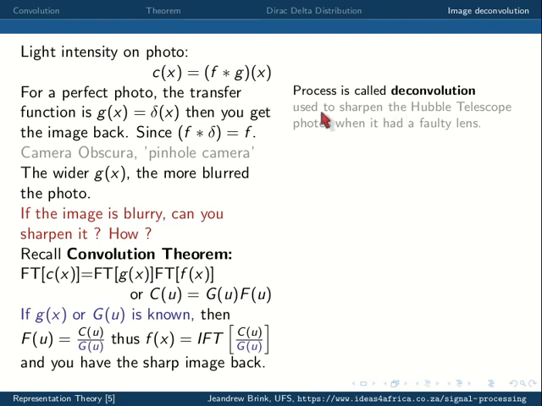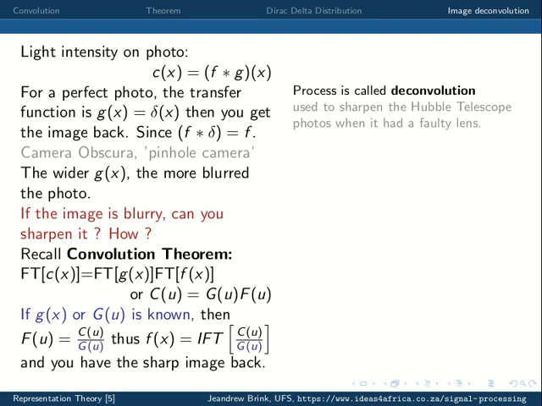So what the Hubble people did is they took an image of a source that they thought was completely point-like. I think it was a quasar, very far away from the telescope. They were pretty convinced, because they knew some of the physics, that it wasn't a galaxy or anything else fuzzy.